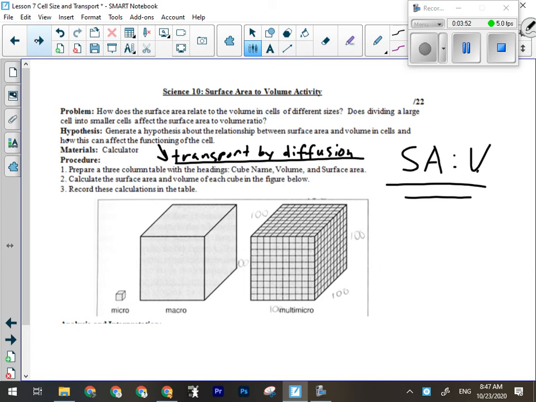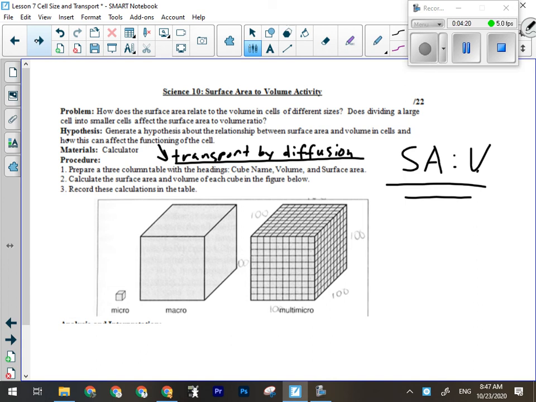So the if part of our hypothesis should probably say that cells transport materials by what process? Diffusion. So if cells transport materials by diffusion, the and part is going to talk about this. You're going to want to type basically what I say here.